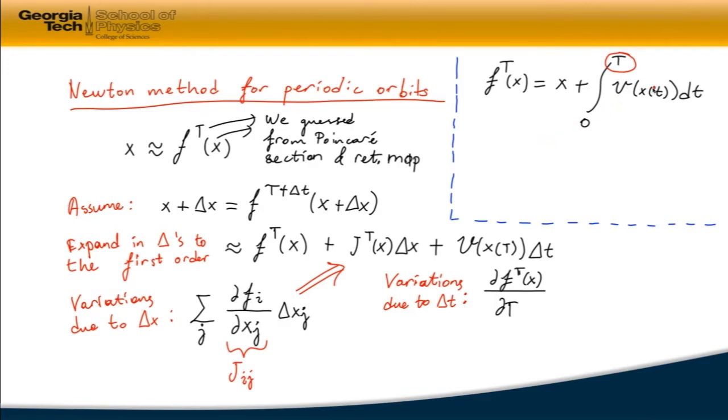So the partial derivative with respect to capital T will be equal to the integrand, which is the velocity function, evaluated at the final point. And of course, you need to multiply with the change in delta t. So this is where the second term comes from.